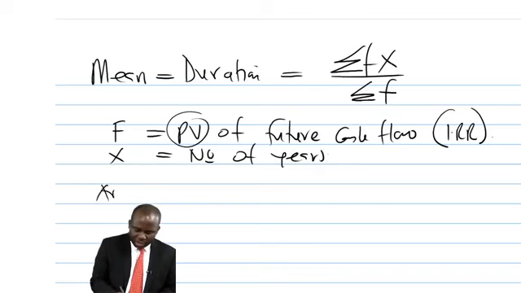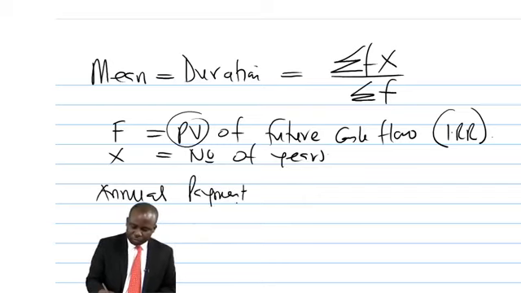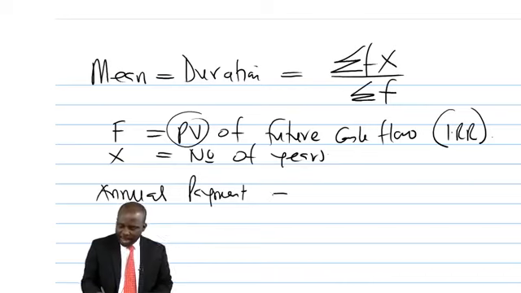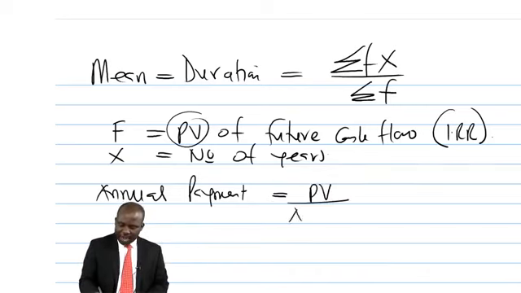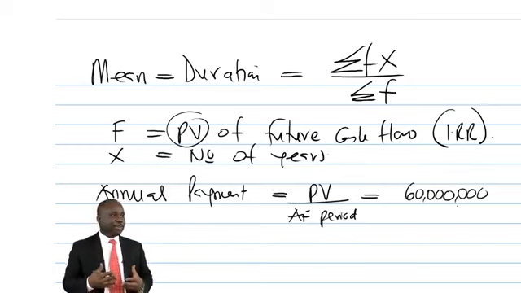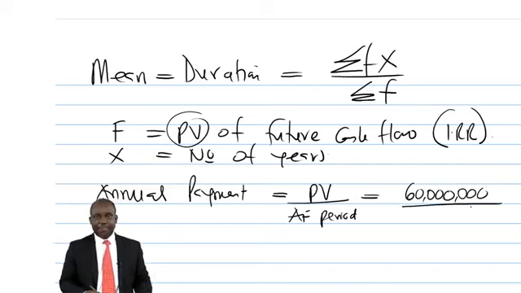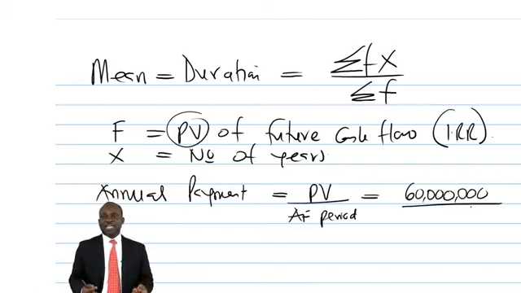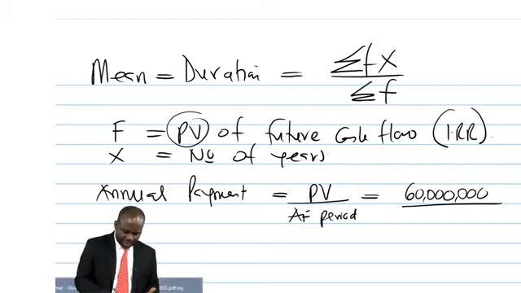So my annual payment, he even helps you by saying annuity. My annual payment will be the present value divided by the annuity factor over the period. If you remember this from primary school. So the 60 million I borrowed is the present value, divided by the annuity factor in terms of the internal rate of return.